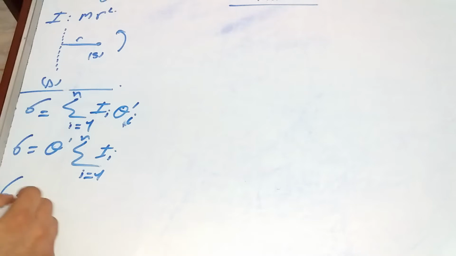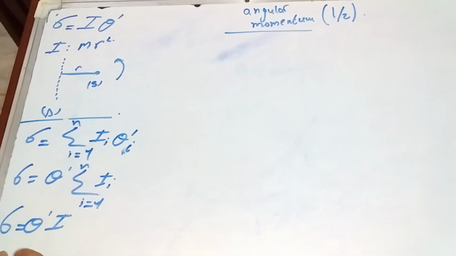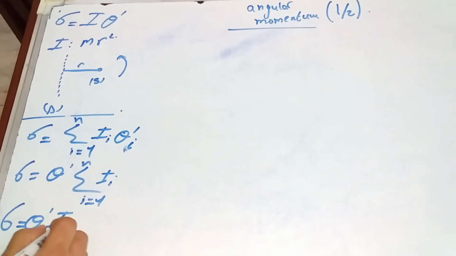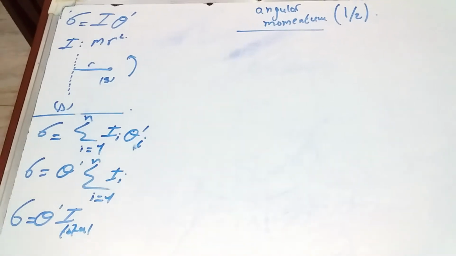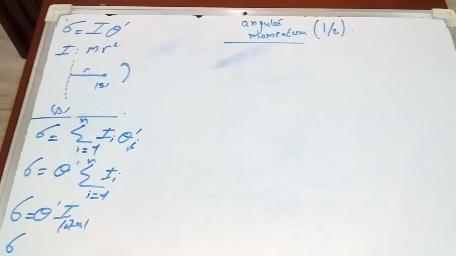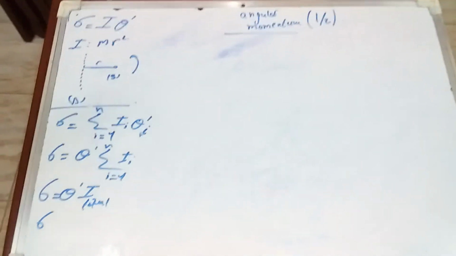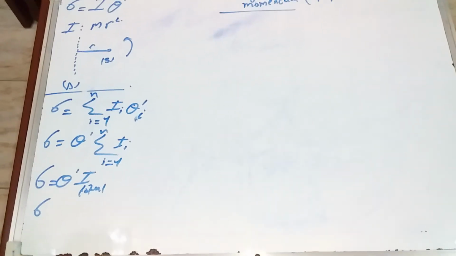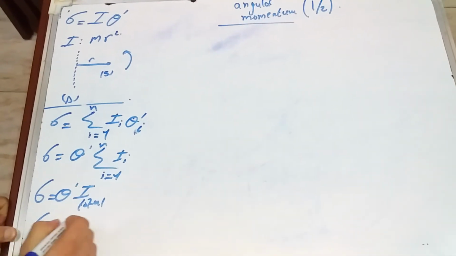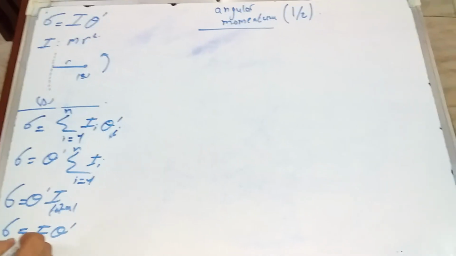So sigma will be theta prime I total of the system. Therefore the angular momentum for a rigid solid S in rotation is equal to I theta prime.